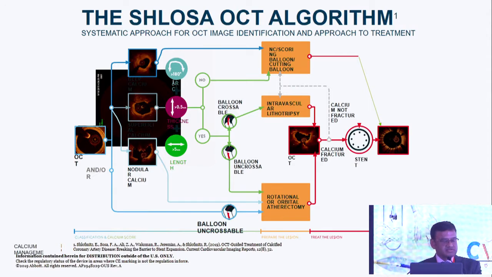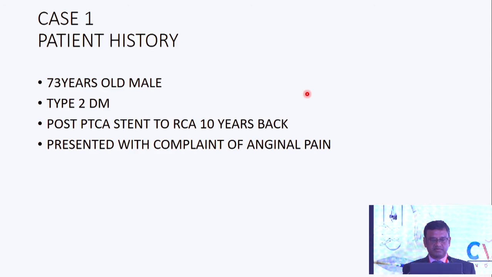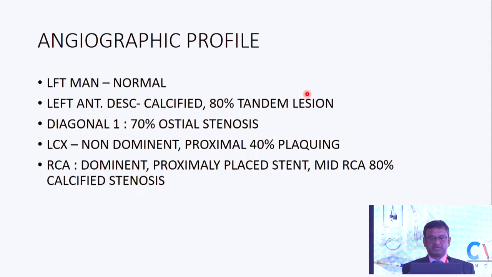So I'll show a couple of cases. This is a 73-year-old diabetic gentleman, post-PCI with stent to RCA 10 years back, who presented with anginal pain. His angiogram showed the left main was normal, the LAD was calcific with 80% tandem lesions, the diagonal was also diseased, the circumflex was non-dominant with minor plaquing, and the right artery had 80% stenosis.